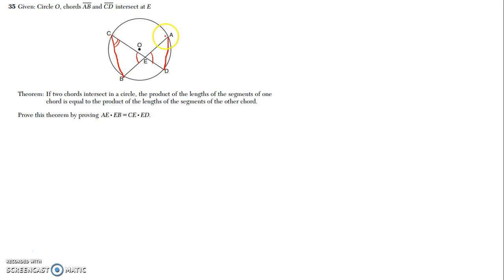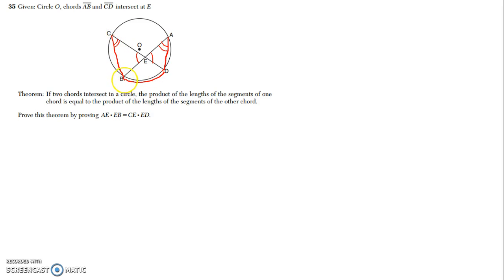Angle C is actually congruent to angle A. If you look at arc BD, the interior angle from that arc, angle C, will be half the measure of that arc.